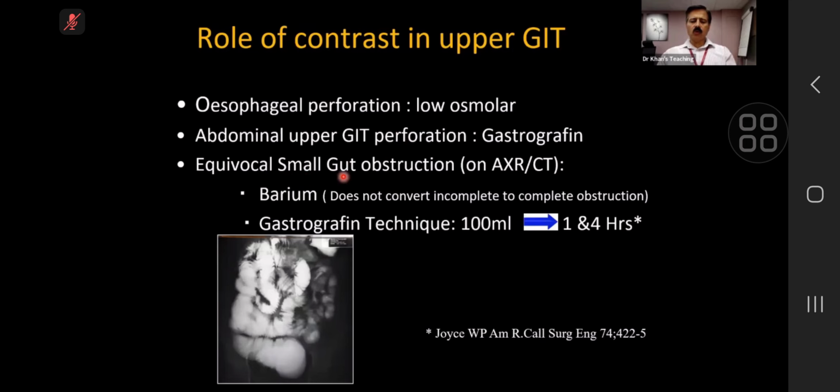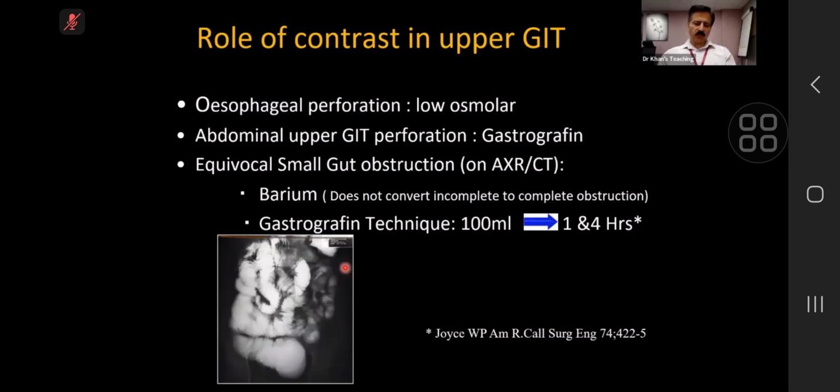Now, another use of contrast agent is for equivocal small bowel obstruction. You can use barium, but these days most people use Gastrografin. One of the techniques written here is from one source, but there are so many other techniques.